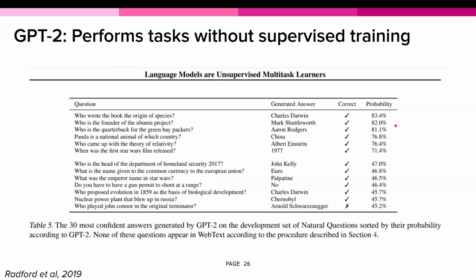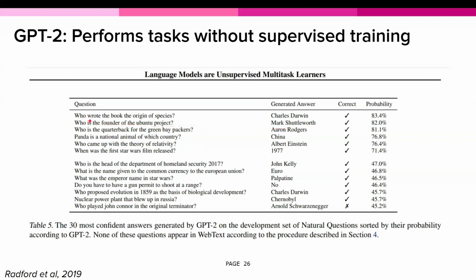Scaling up these models has led to some really surprising emergent phenomena. One of the remarkable findings with GPT-2 was that it could perform tasks that it hadn't been explicitly trained on. This table from the GPT-2 paper demonstrates its generalization abilities by showing answers to some trivia-style questions that weren't part of its training data.